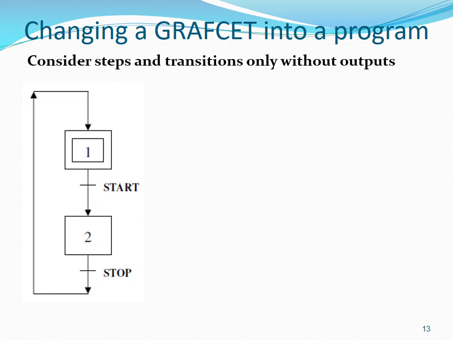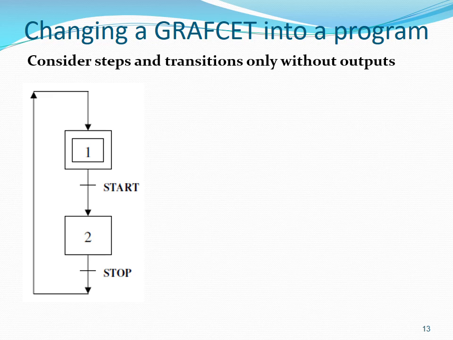We shall begin by developing a PLC program that sequences the 2 steps subject to the state of the start and the stop push buttons. As for the outputs, we shall consider them later on.